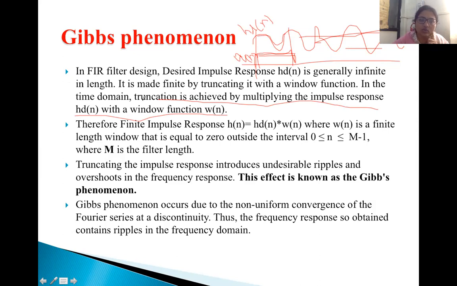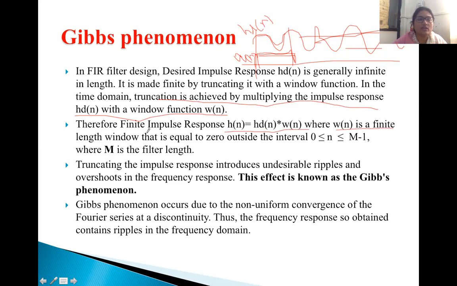So in the time domain, truncation is achieved by multiplying the impulse response hd of n with the window function. Therefore, the finite impulse response h of n is represented as hd of n multiplied by the window function, where w of n is the finite length window function.